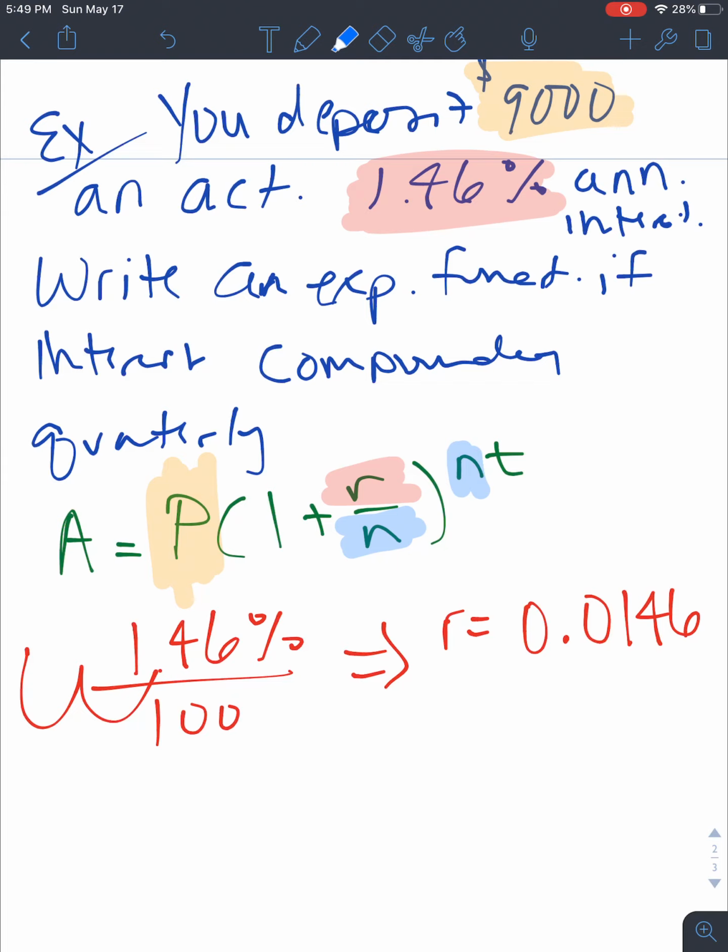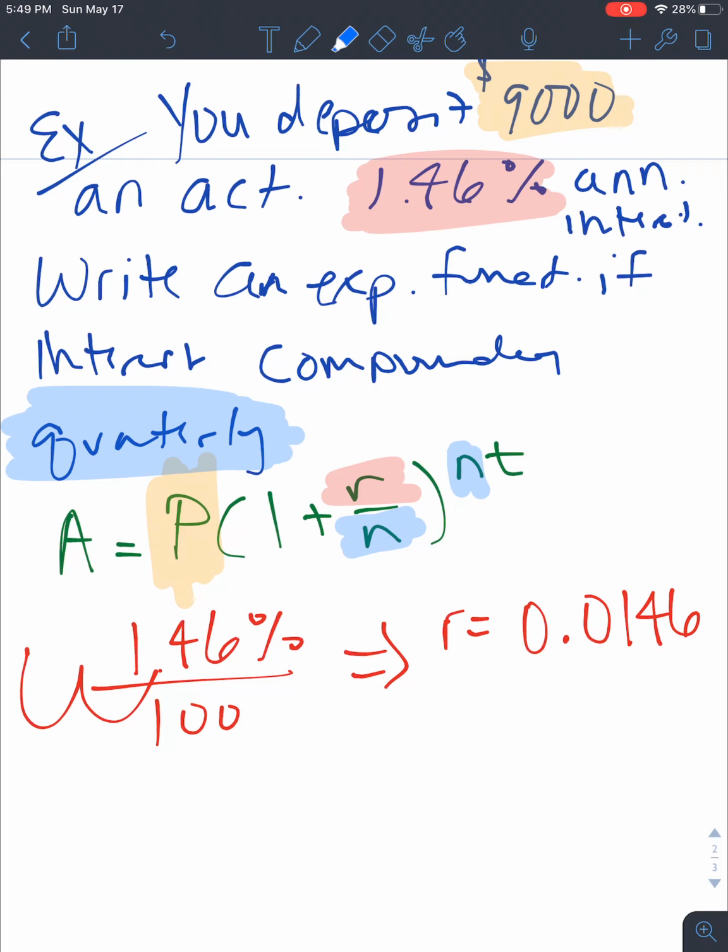So we have our N here and our N here. All right, and it says write an exponential function if the interest is being compounded quarterly. So that quarterly is actually what tells us about our N. If you think about a quarter, in order to get to 1 full year, if you were working with quarters, then you have 4 quarters in a year.